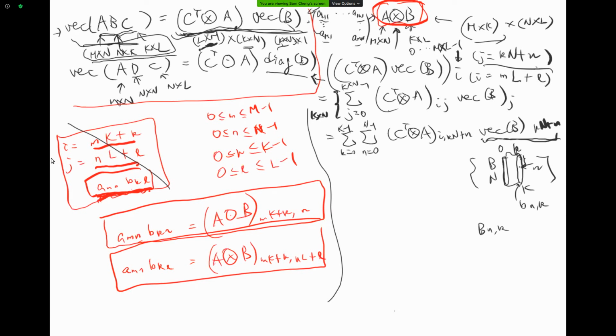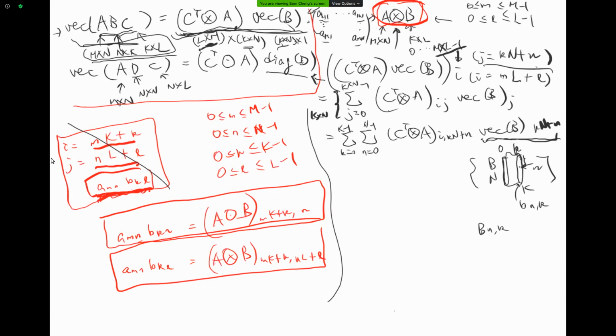Now if I pick small m and small l, and I allow small m to be from 0 to big M minus 1 and small l from 0 to big L minus 1 here, then if I look at all these M and L, I will have I from 0 to M times L minus 1. So exactly what I want.